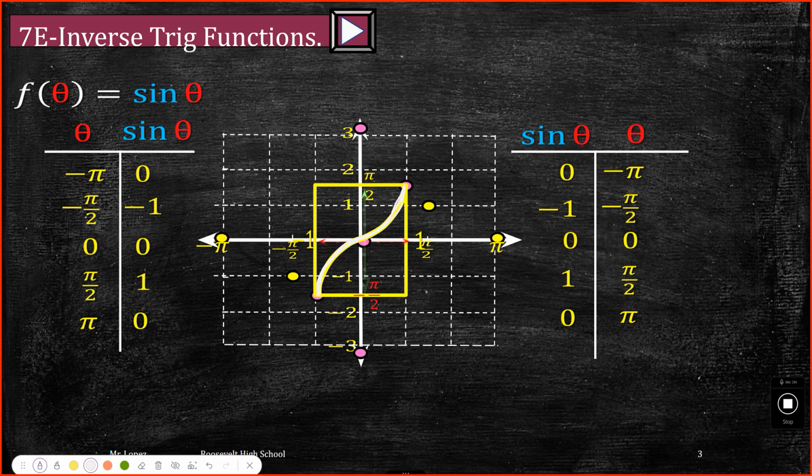We can call it f of theta equals sine inverse of theta. F of theta equals sine inverse of theta is this graph right here.